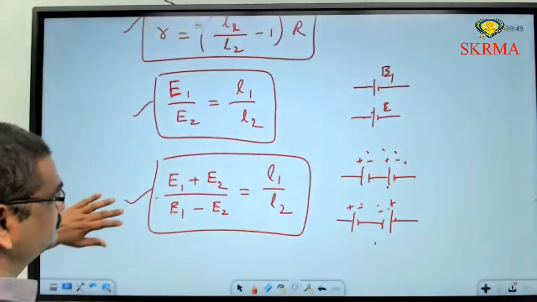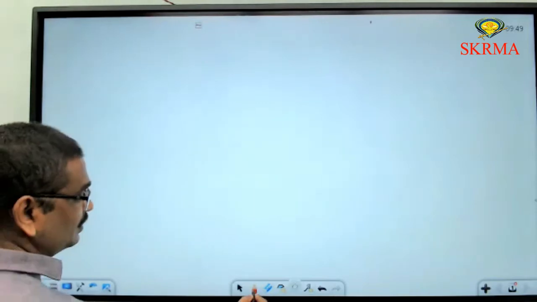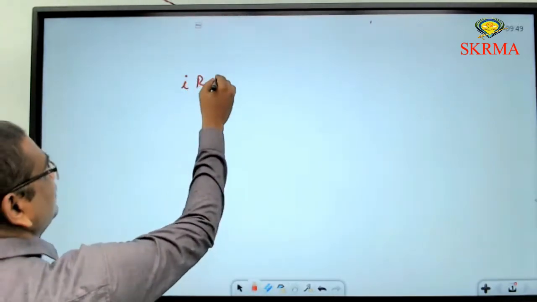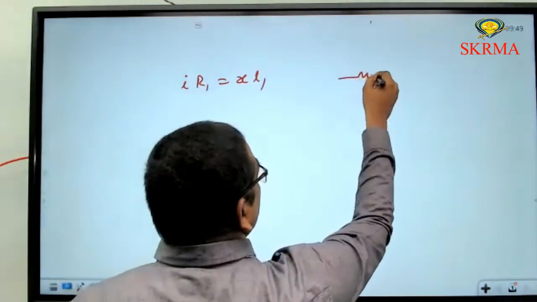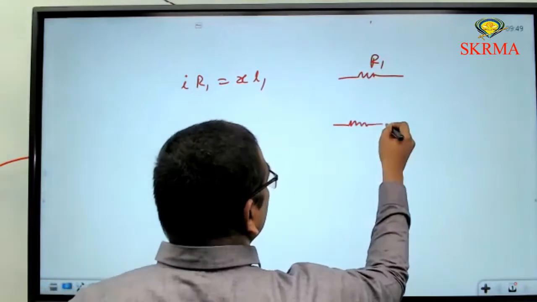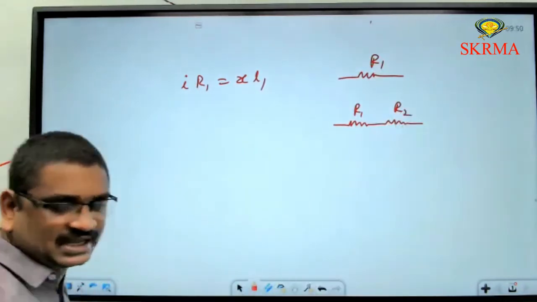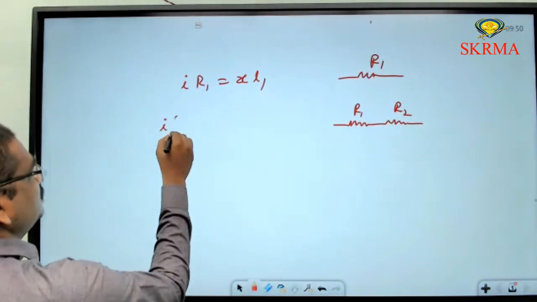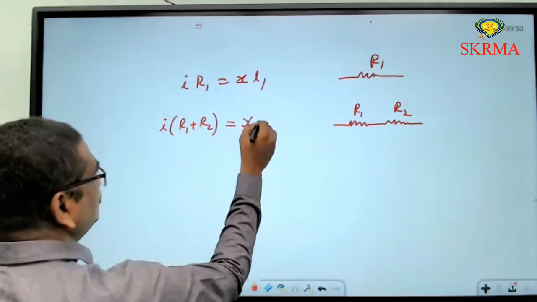Next, in the third case, what is the formula? Only a single resistor is connected first, so I into R1 equal to X into L1. Next, in the circuit, two resistors R1, R2 are connected in series. Then the equation is I into R1 plus R2 equal to X into L2.